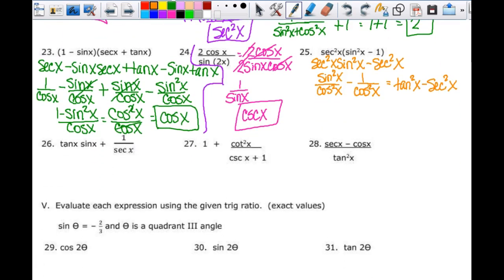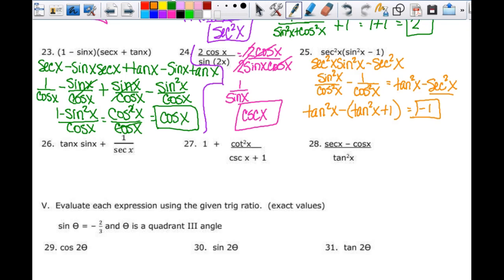So if I substitute the secant in there, I know that I'm going to have tangent squared x minus, and then that's tangent squared x plus 1. So tangent squared minus tangent squared, those cancel out, and then minus 1 gives me the negative 1. Okay, but definitely different ways to go about some of these and get to where you need to be.